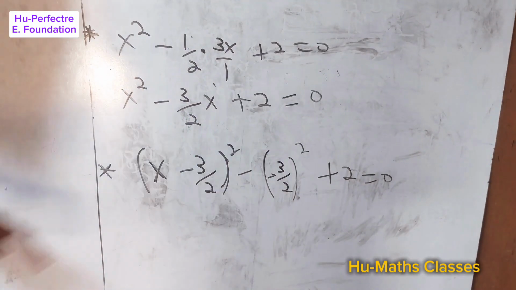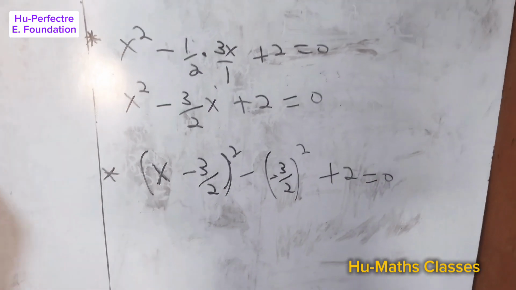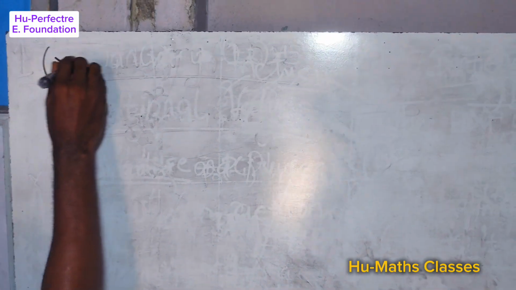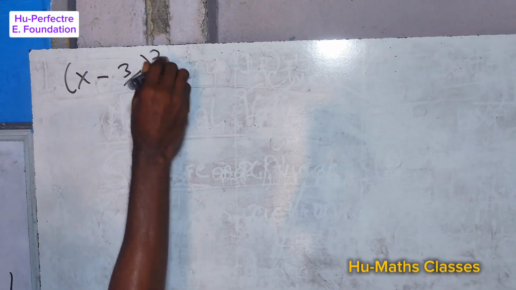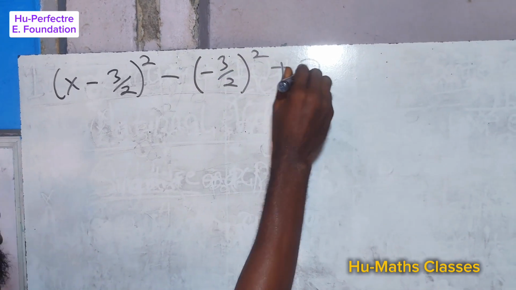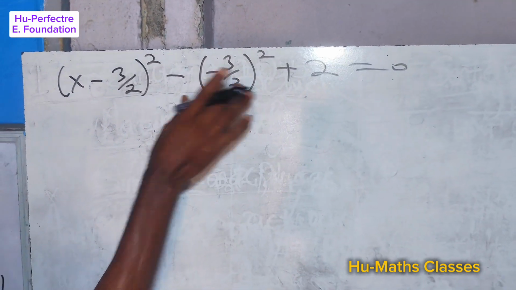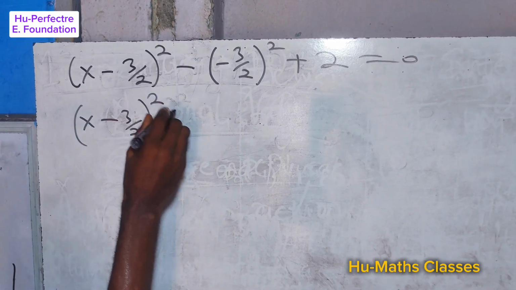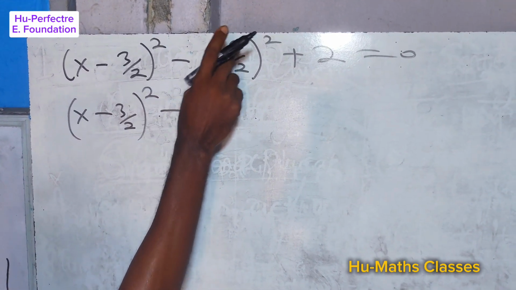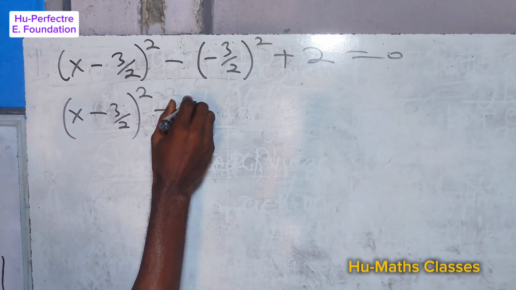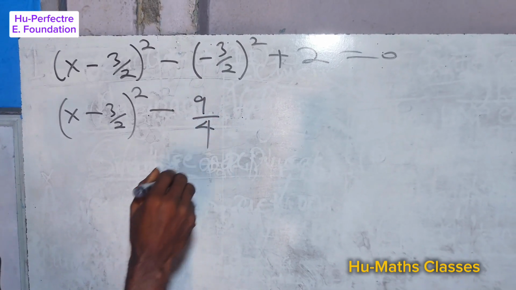Now we have this expression down. We need to extend the solving. That will take us to x minus 3 over 2 all squared minus 3 over 2 squared plus 2 is equal to 0. When you work on this, we're going to have x minus 3 over 2 all squared minus 3 over 2 times minus 3 over 2. That will give us 9 over 4.